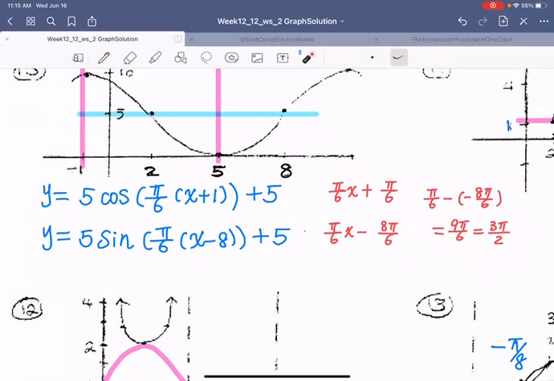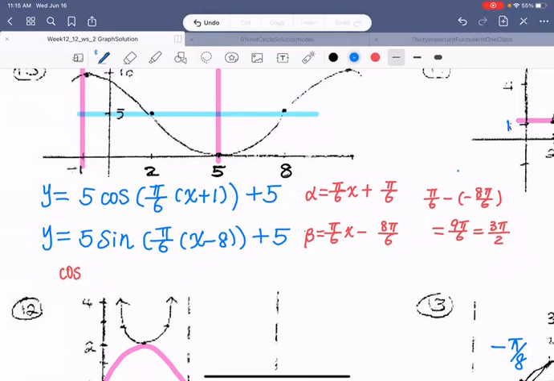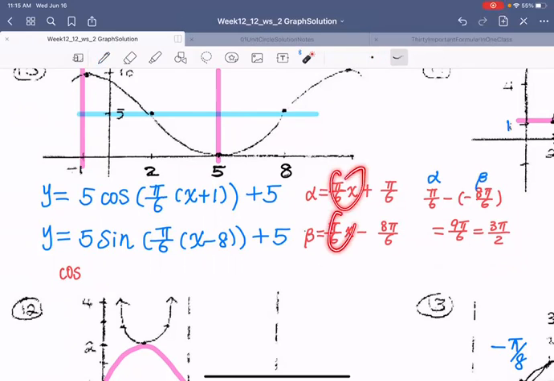Yes. Okay. So basically, if this one is our alpha and this one is our beta, then alpha minus beta, the pi over 6 times x terms cancel.